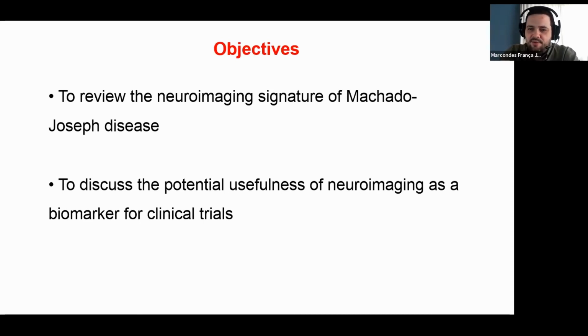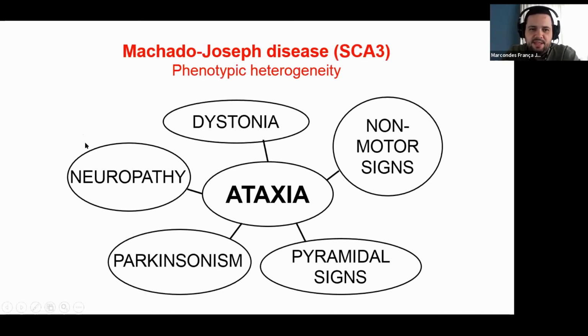Just to begin, I think we all know that Machado-Joseph disease is one of the main autosomal dominant ataxias. But in addition to ataxia per se, there are many other manifestations such as dystonia, Parkinsonism, pyramidal signs. All these clinical features point to a widespread involvement of the brain in this condition.